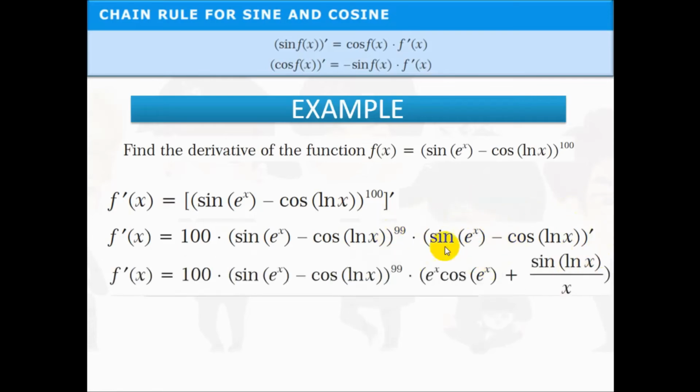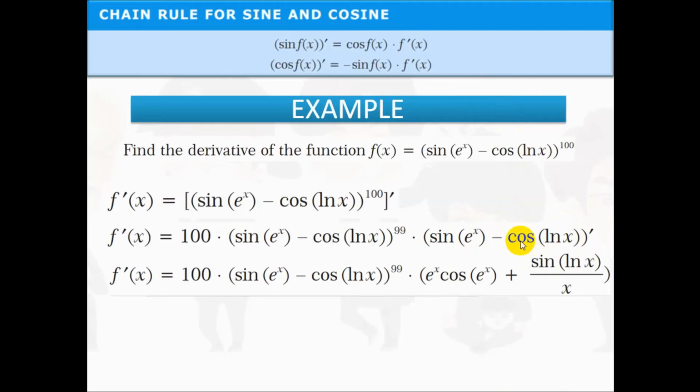The derivative of sine f(x) is cos f(x), so cos e to the power x times f prime x. f prime x here is the same, e to the power x. And then we see here cos ln x.